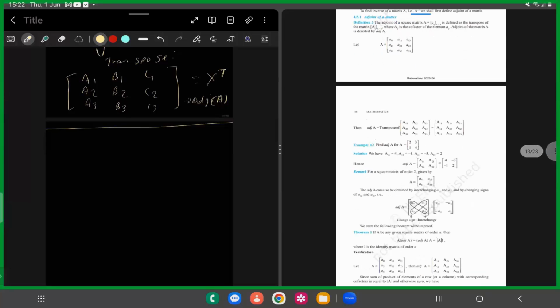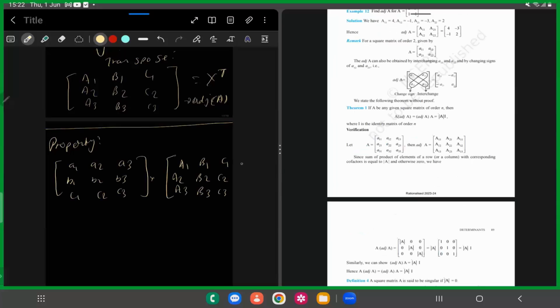There is one important property here: let's say we multiply these two matrices, A into adjoint of A. Our row will be multiplied by this column.